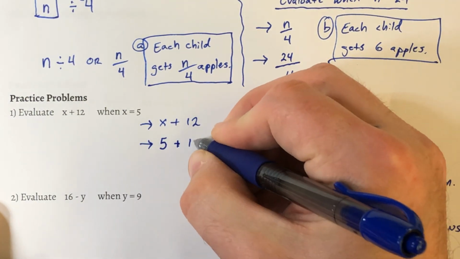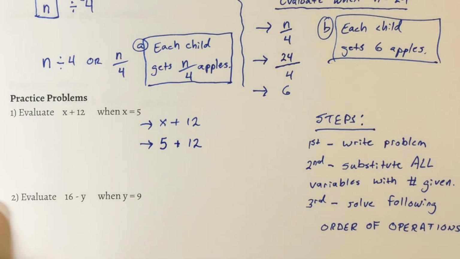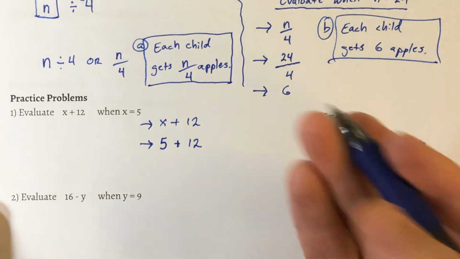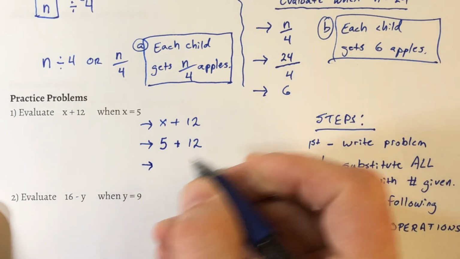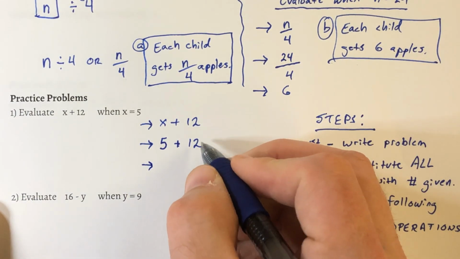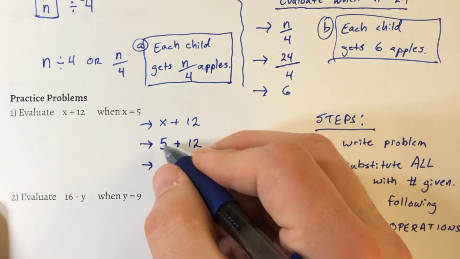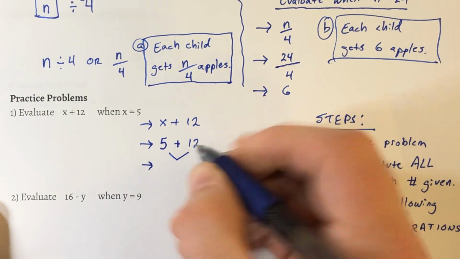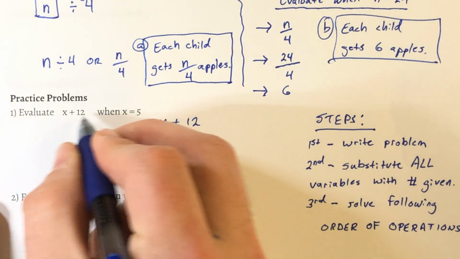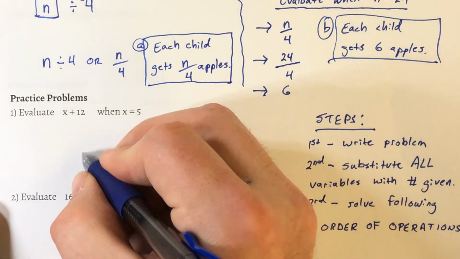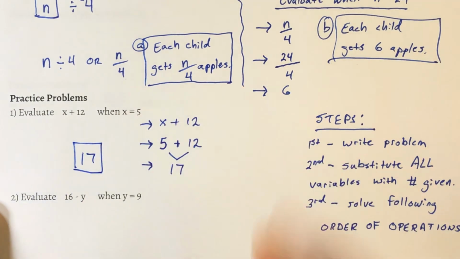I only see one of them, so I only need to replace one of them. Next step, we get to start solving step by step, doing one thing at a time. There's only one step, so I only need to do one thing. 5 plus 12 is 17. So x plus 12 when x equals 5, your answer is going to be 17.